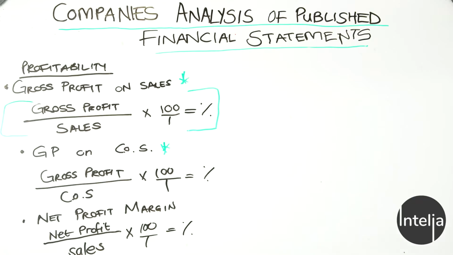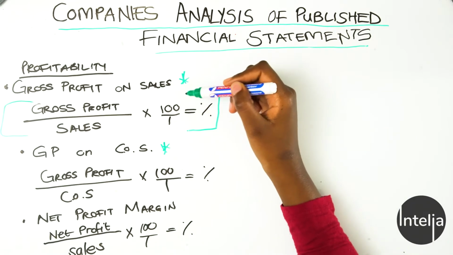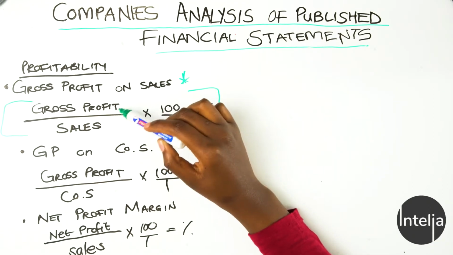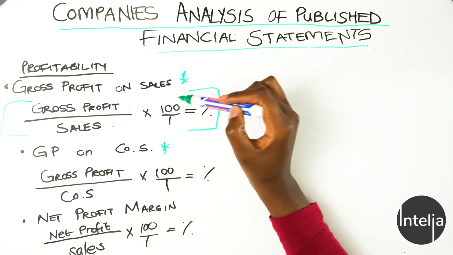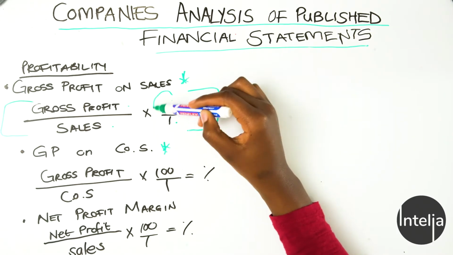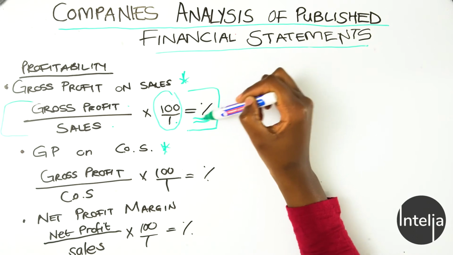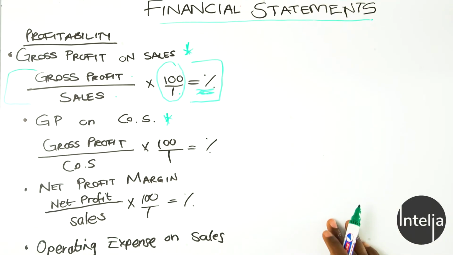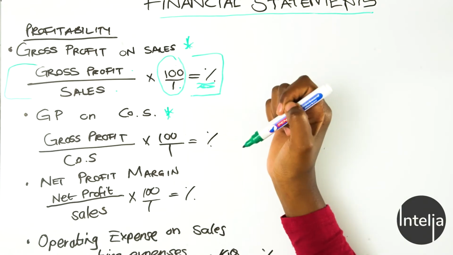The first profitability indicator is the gross profit on sales, right? As you can see, it's gross profit over sales multiplied by 100 over 1. This is to make it the percentage that we need in our end result. Then we're going into gross profit on cost of sales.